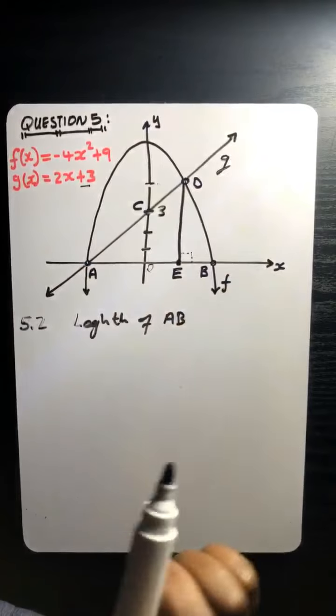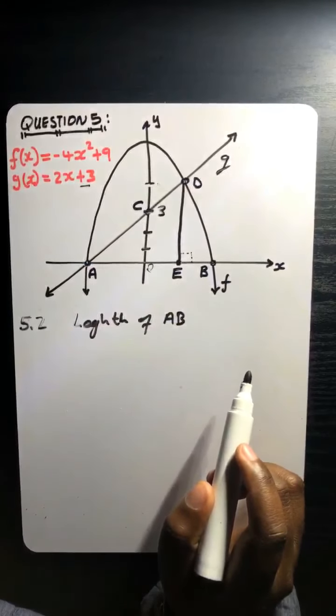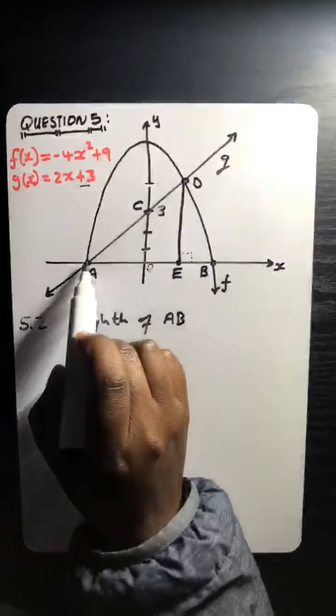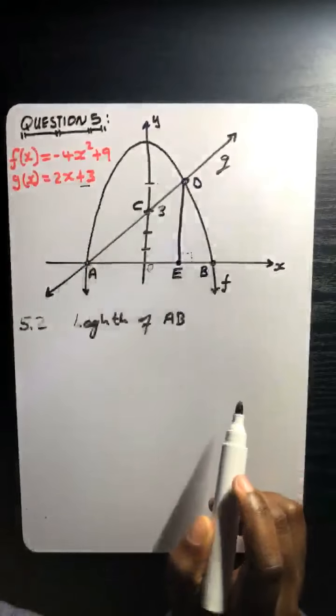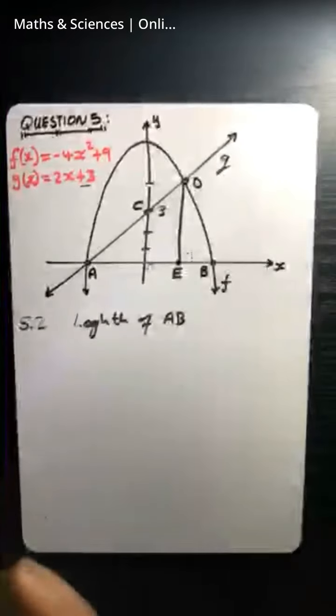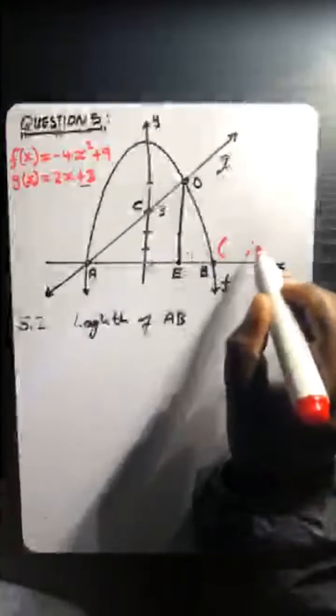But as a learner who has been attending lessons, you therefore know exactly how to determine the A and the B value. So obviously, you might need to know what the coordinates there are. So do we know the X value at B?